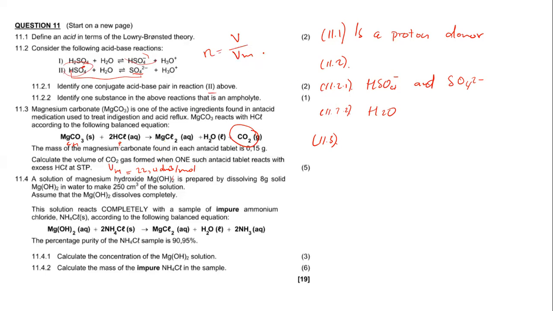So this is the formula that we're going to use to determine the volume of carbon dioxide at STP, standard temperature and pressure. When they say at STP, the temperature is 273.15 Kelvin, and the pressure is 1 atm.